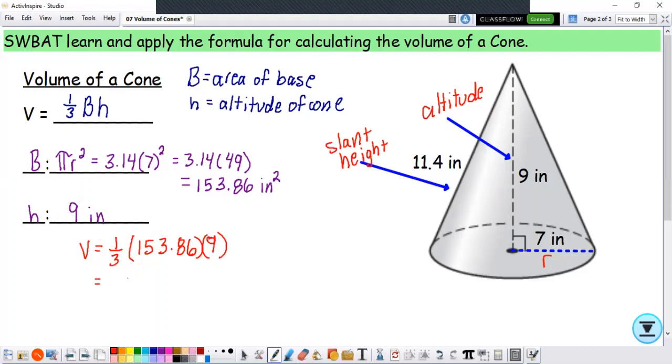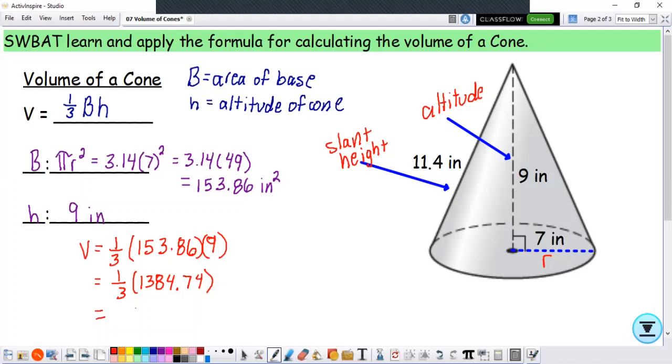I'm going to multiply the area of the base times that altitude, and we're going to have 1,384.74.